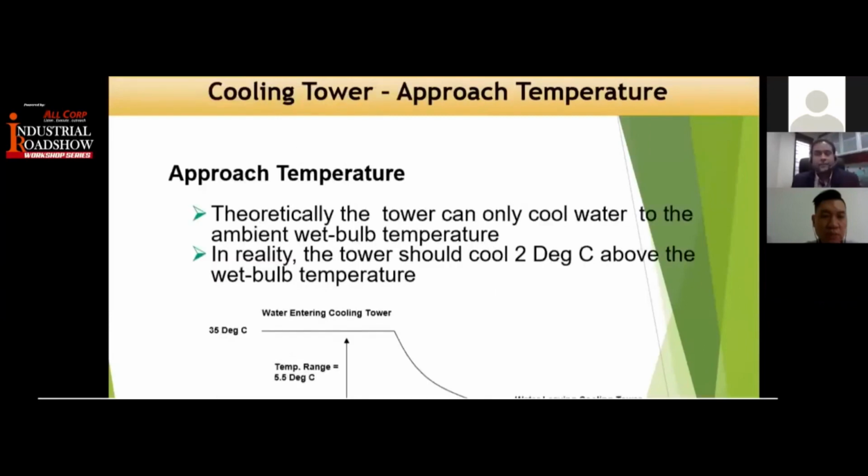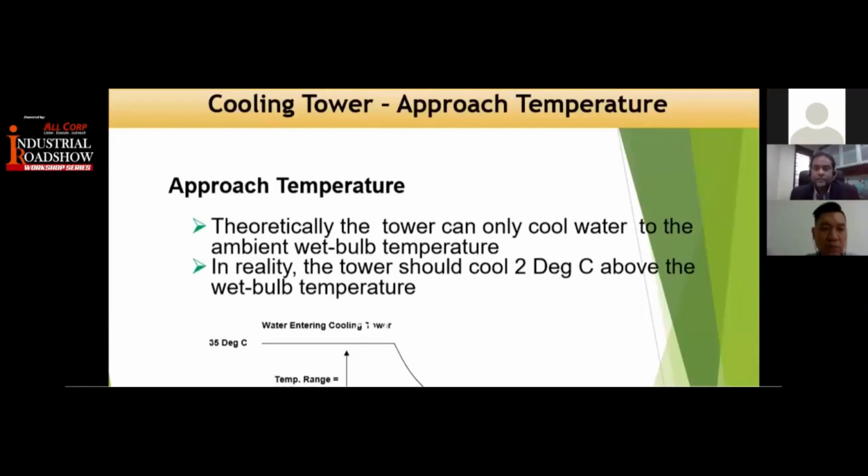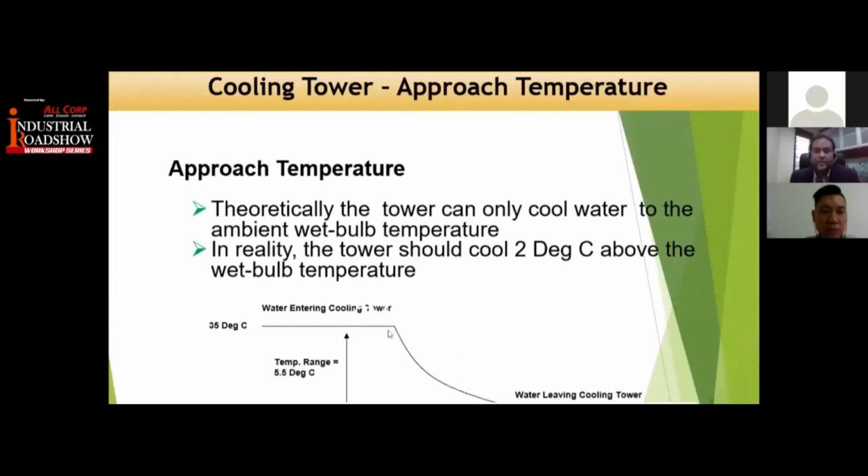So on the chiller plant, we can also look into the approach temperature, right? Approach temperature is the wet bulb temperature against the water temperature coming out from the cooling tower, which over here is like 29 degrees C. In most places, not many people bother to look at the cooling tower because it's outside of the building, and normally they are just looking at how efficient the chiller is. But the cooling tower brings a big impact to the efficiency of the chiller.